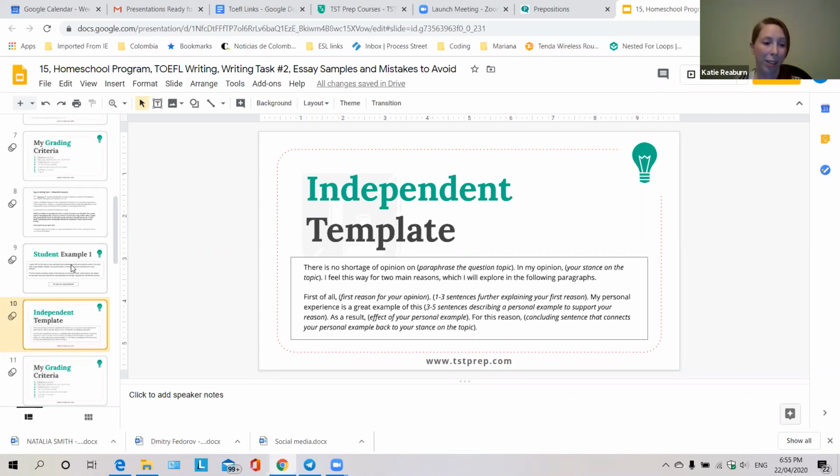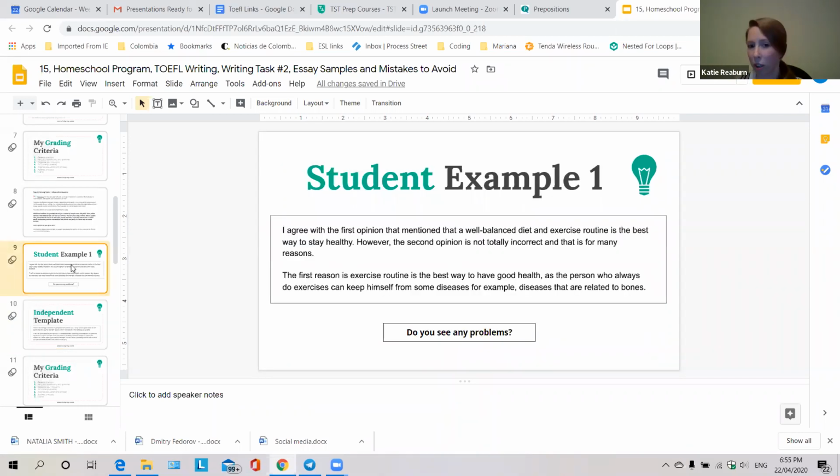This person in their example talked about diseases related to bones as an example. It would be better if we heard about someone who didn't like exercise, never wanted to improve, got a disease connected to their bones, which made their life very difficult.